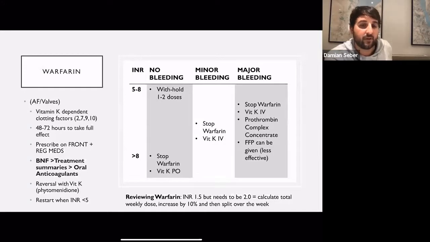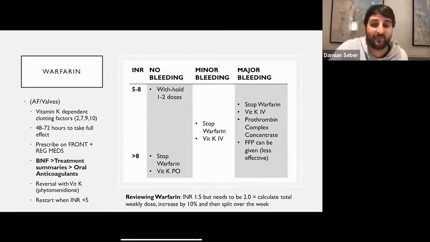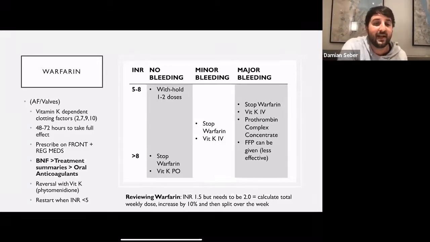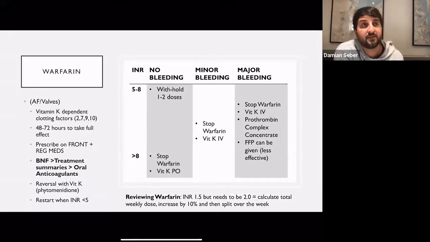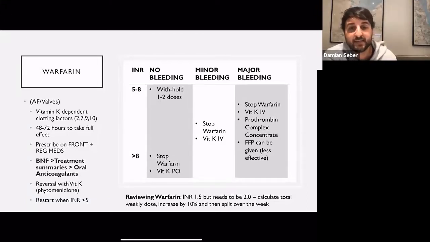When reviewing warfarin, I'll do questions at the end, otherwise I'll just be stopping and starting, but I'll definitely come back to that. When reviewing the warfarin, say the INR is 1.5, but it needs to be 2, you need to work out what their total weekly dose is and increase it by 10% and then split that back over the week.